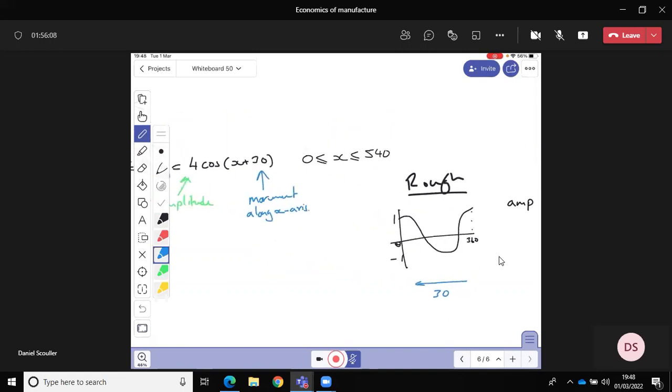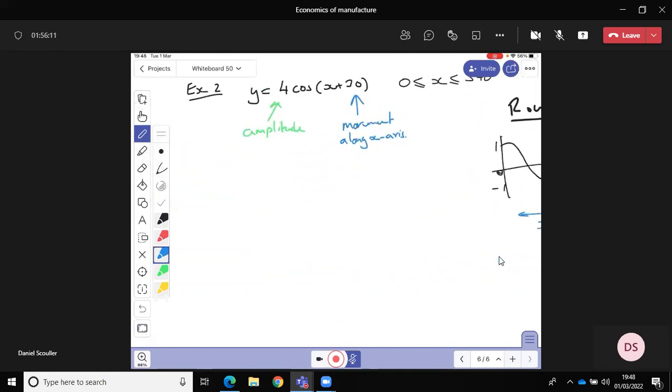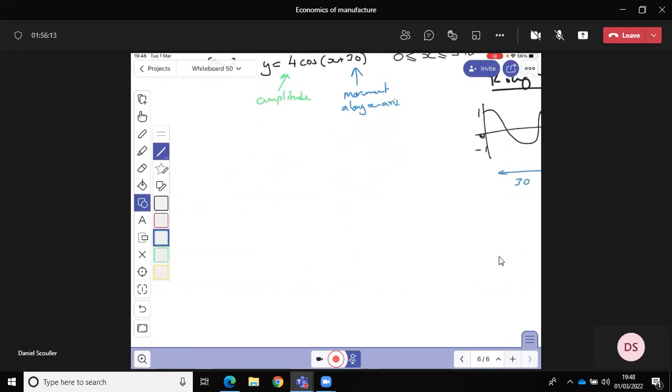Okay, go to our main drawing. Y-axis, x-axis.